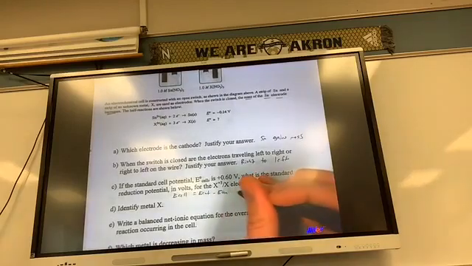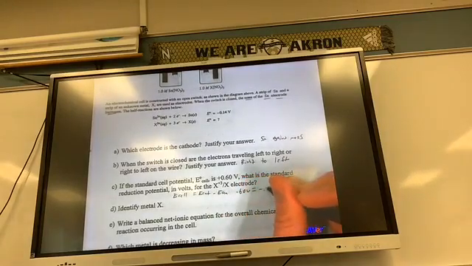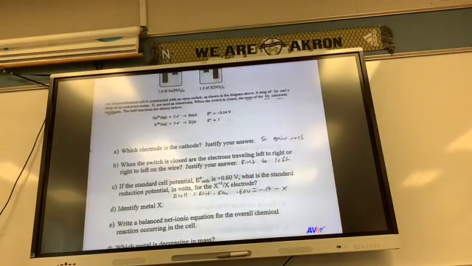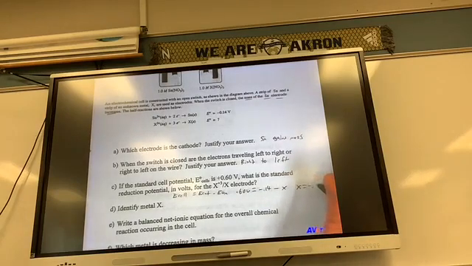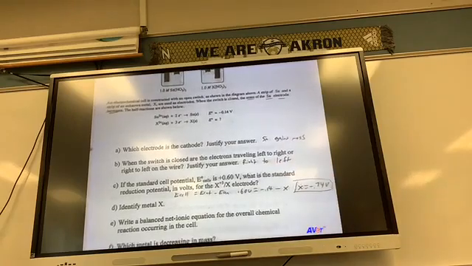So 0.60 volts equals negative 0.14 minus X. Remember, when you do it in this version, you don't have to worry about flipping anything. So what does X equal? X equals negative 0.74 volts.